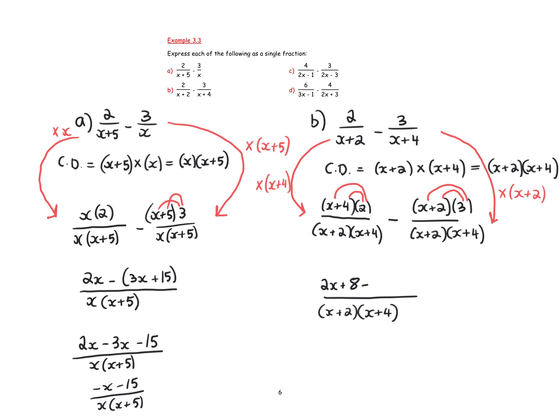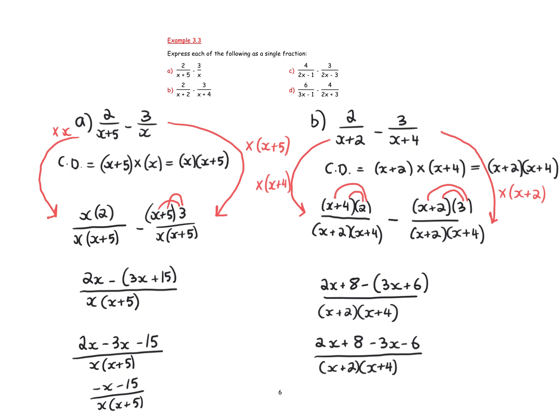We have the minus sign, which we have to take into account. So we open up a big bracket, we'll get 3 times x, which is 3x, and 3 times 2, which is 6. Simplifying that then, by multiplying the minus in, we get 2x plus 8 minus 3x minus 6. All of that then is over x plus 2 times x plus 4.